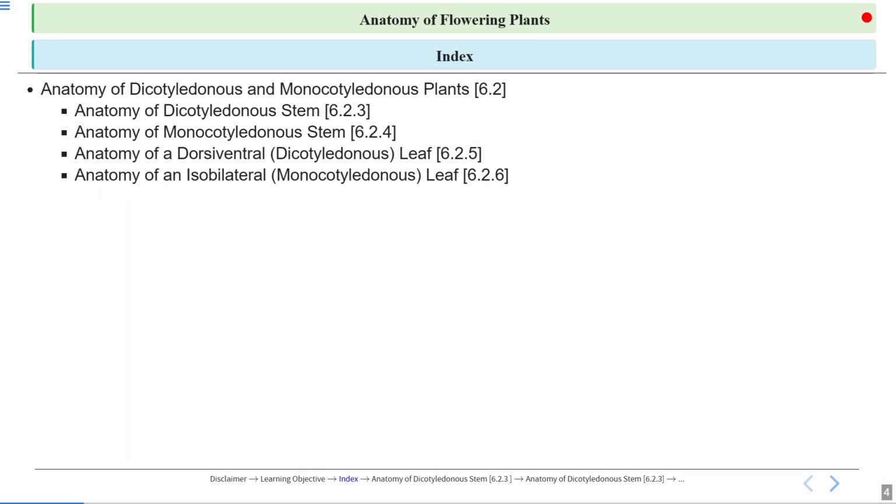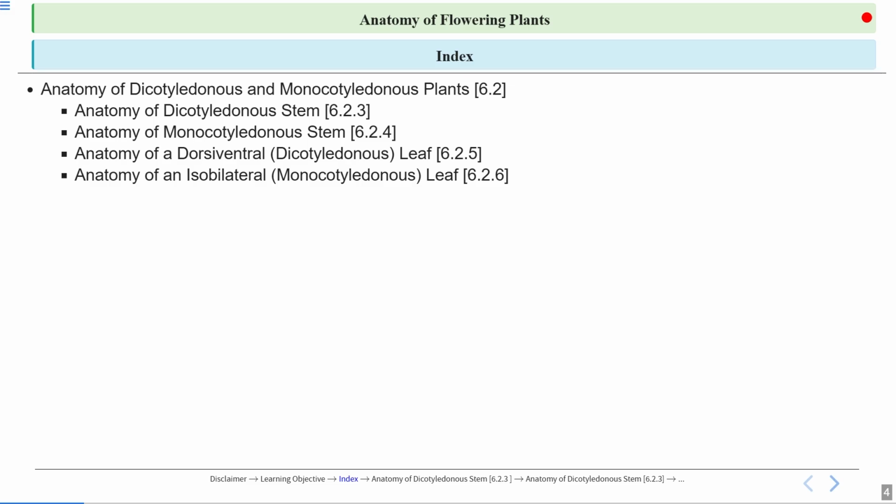Index part. So there will be the anatomy of dicotyledonous and monocotyledonous plants, that is NCERT section 6.2. And in that there will be anatomy of dicotyledonous stem, 6.2.3, because we have already covered the dicotyledonous root and monocotyledonous root in our previous lecture, right?